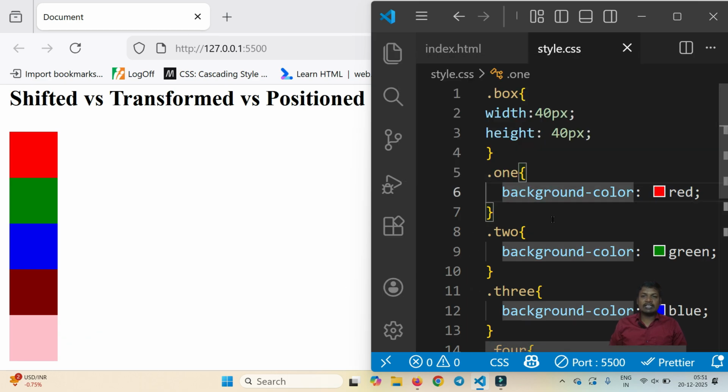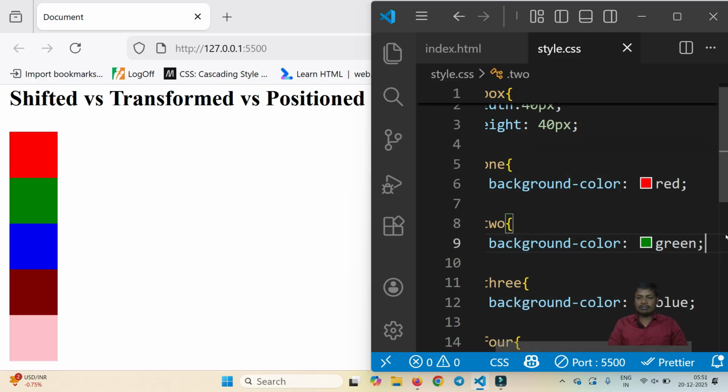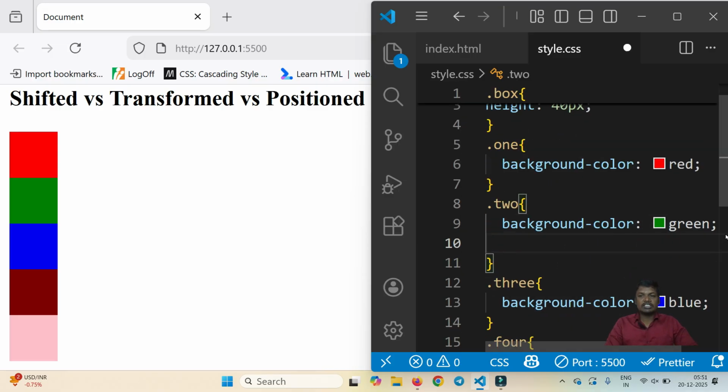We leave the first element as a normal document element, and we make the second element, the green element, a shifted element. By shifting an element upward or backward or from left to right, we make one element overlap another. Is this overlapping? This we are going to learn.